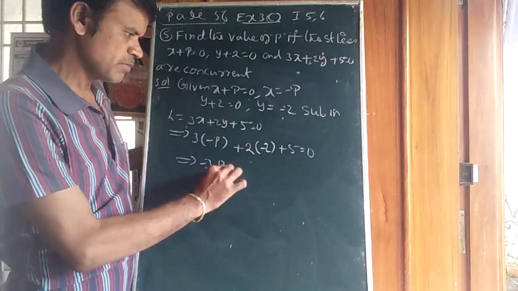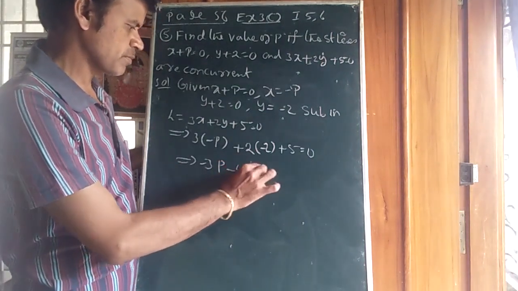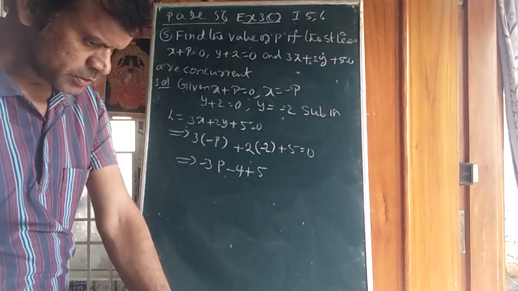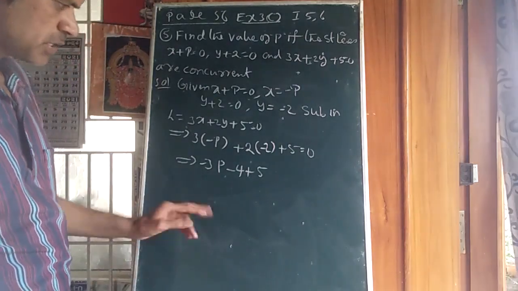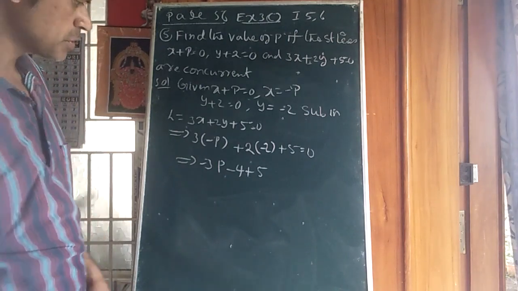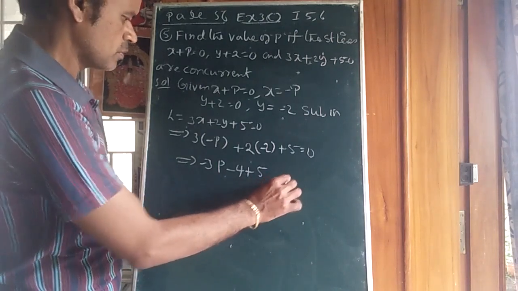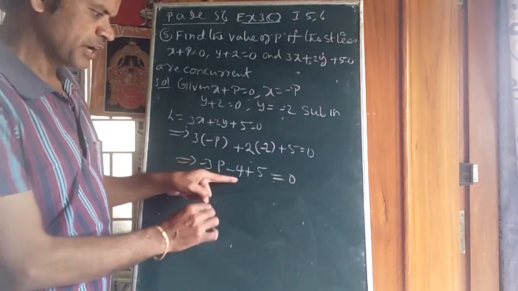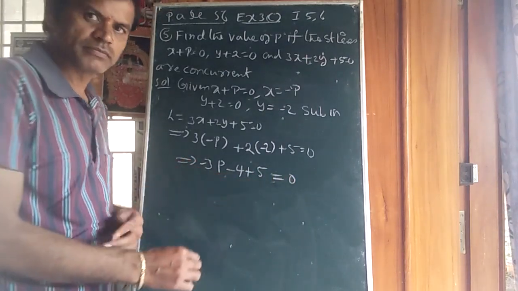So minus 3P minus 4 plus 5 equal to 0. Minus 4 plus 5 becomes 1.